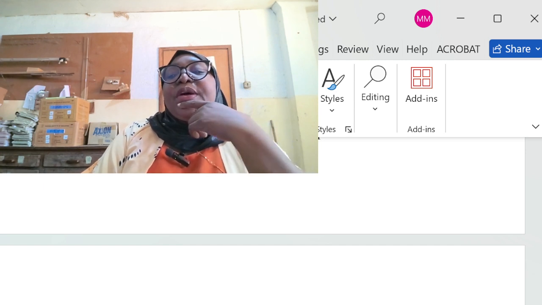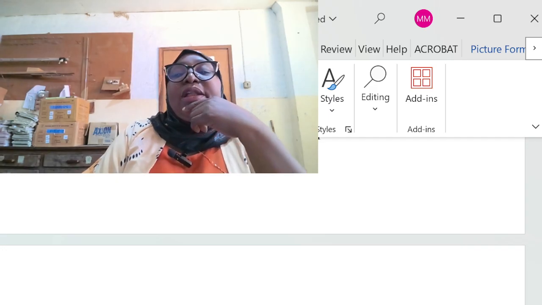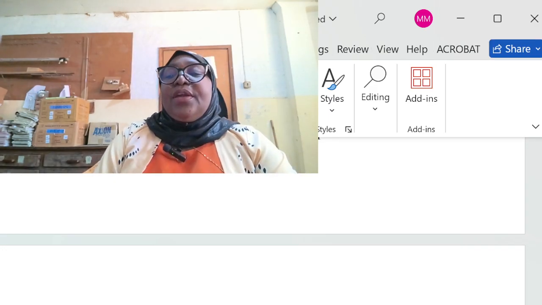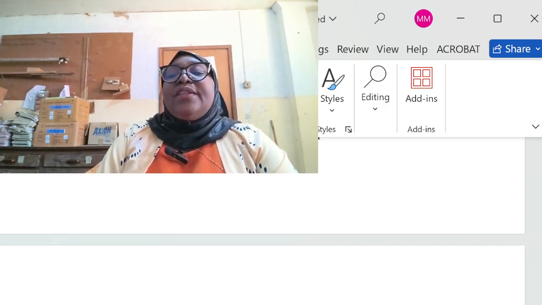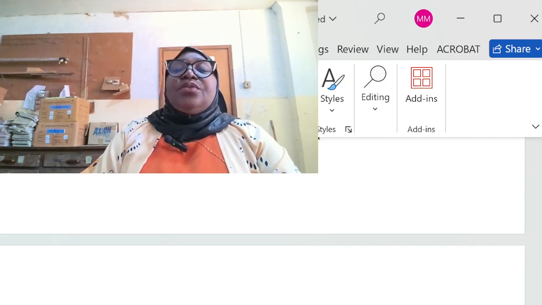For example, at the poles the angle of dip is 90, while at the equator the angle of dip is 0. In this case, the magnetic compass becomes horizontal at the equator, while at the poles the magnetic compass becomes vertical.